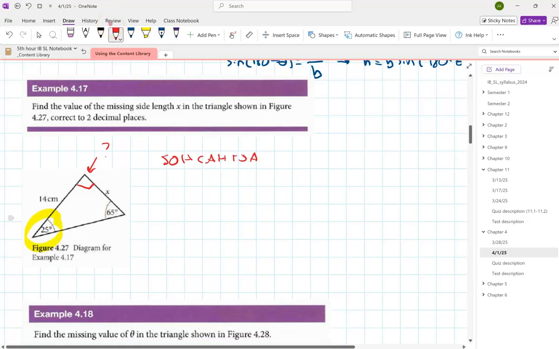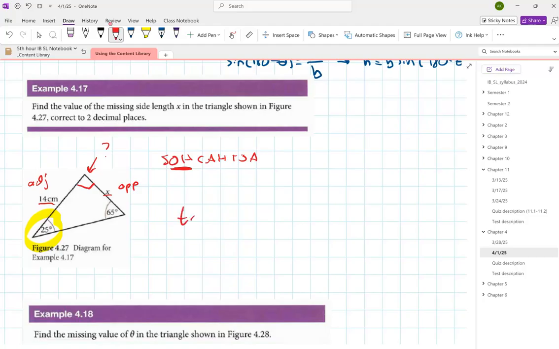Relative to the 25 degrees, the side we know, the 14, is opposite, adjacent, or hypotenuse? Great. And the x, the side we want to know, is opposite. So the trig function we're going to use is sine? Because it looks like opposite and hypotenuse is what I need.